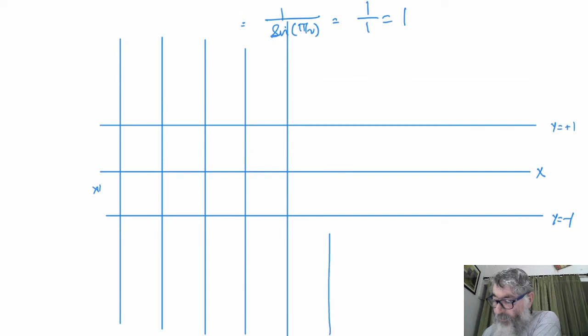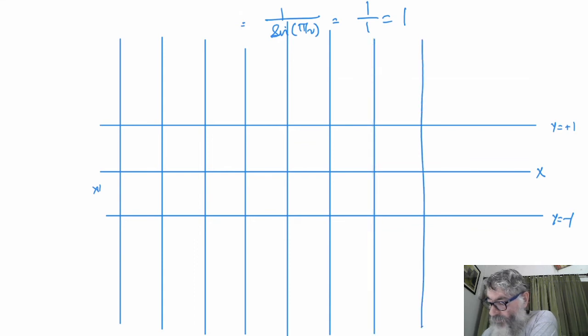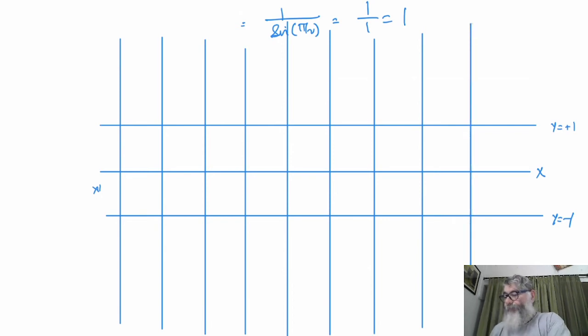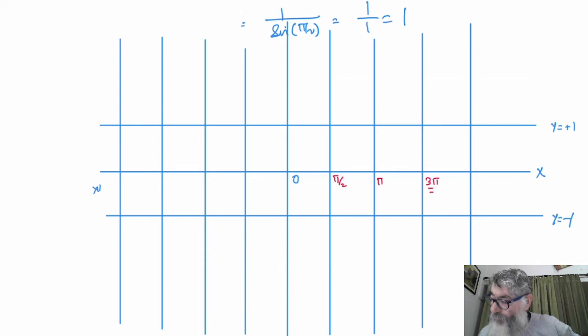Similarly on this side, let's draw the lines. Okay, 1, 2, 3, 4. So this is pi by 2, pi, 3 pi by 2, 2 pi, minus pi by 2, minus 3 pi by 2.